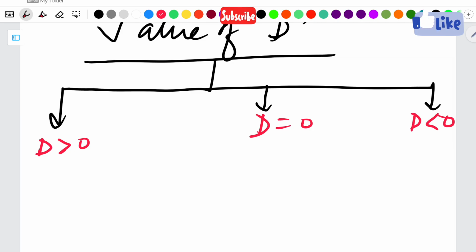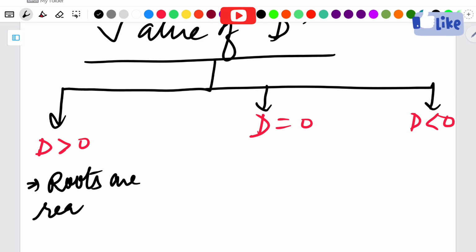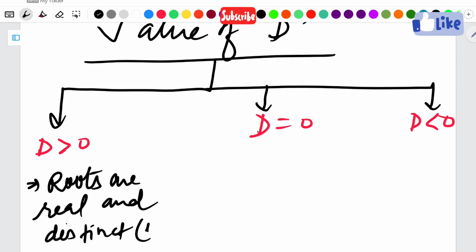So if D is greater than 0, this implies that roots are real and distinct. Now what do you mean by distinct? Distinct means unequal. So the roots of the quadratic equation whose D is greater than 0 will be real and distinct.